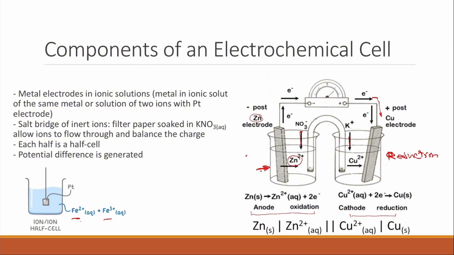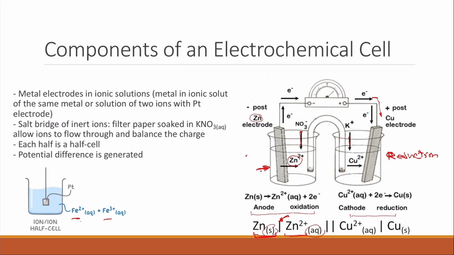So we start with the oxidation reaction first, and we add the species that's going to be oxidized, which is the zinc in this case. And then we add the oxidized form of the zinc, which is the zinc ion. And then we have this small vertical line that refers to the phase boundary, because the zinc here is a solid and the zinc ion is aqueous.